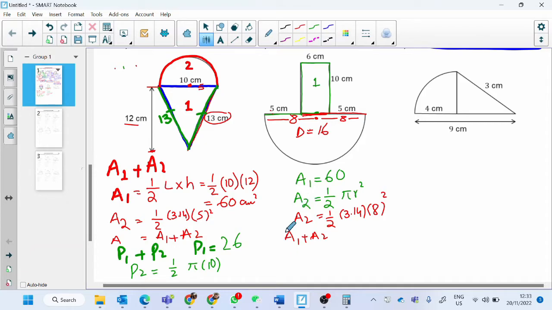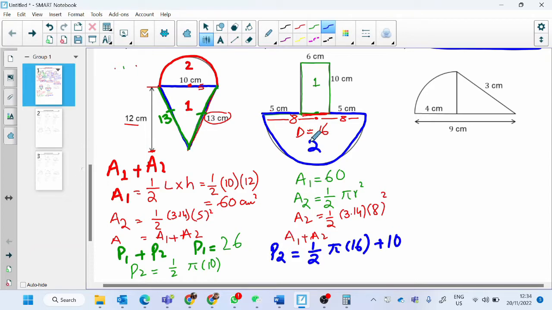And for the perimeter, the same way, we have to find this one, right? This is an arc, and for the arc of shape 2, our formula is 1/2 pi times the diameter, which is 16 since the radius is 8, and then we have to add this length and this length as well, 5 plus 5, so plus 10.